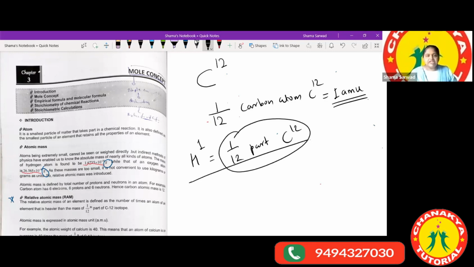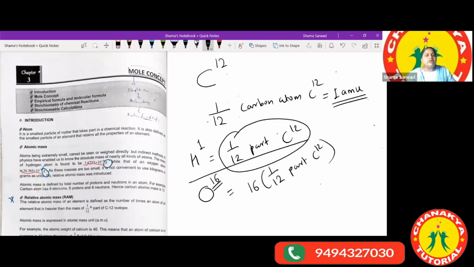One more example, oxygen. Its atomic mass is 16. Why? Because to balance an oxygen atom, you need to take 16 pieces of 1/12 part of carbon-12.